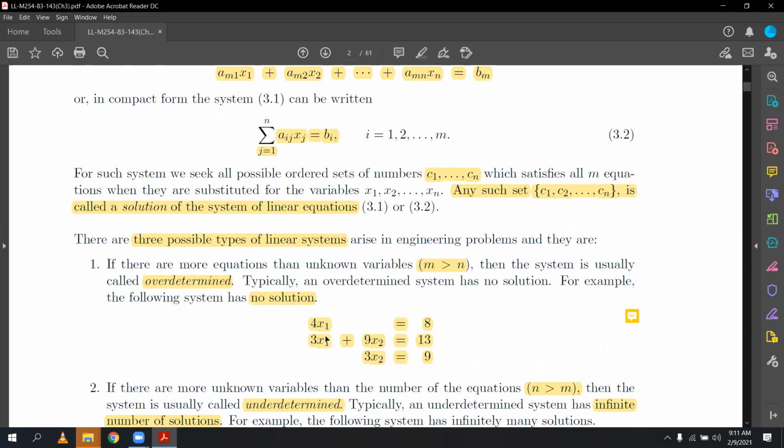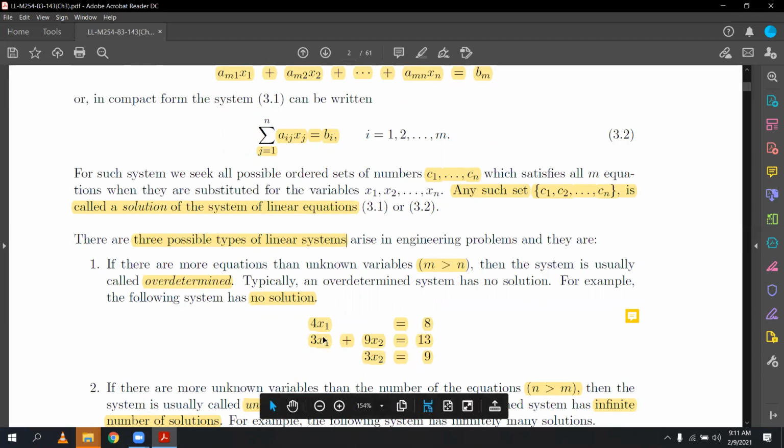How many variables? 2. It doesn't matter: the coefficient of x2 here is 0, and the coefficient of x1 in the third equation is 0. It doesn't matter, because the coefficient may be 0, or a negative number, or a positive number.